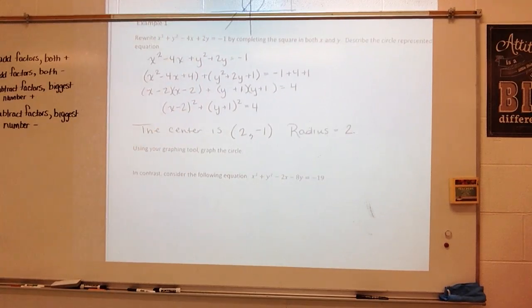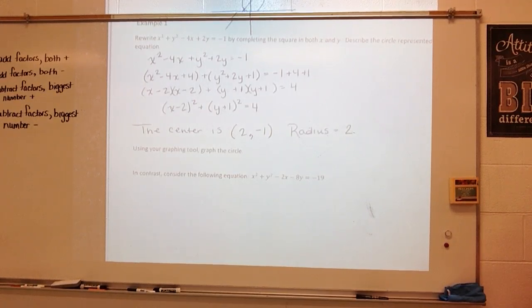Using your graphing tool, graph the circle. Alright. So, like I said, guys, if you have Desmos, which everybody can get to, all you have to do is go to desmos.com. Use that to try to graph this. I'm going to do my best to try for you to be able to see what it looks like.